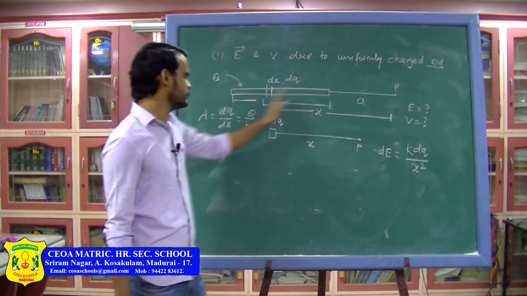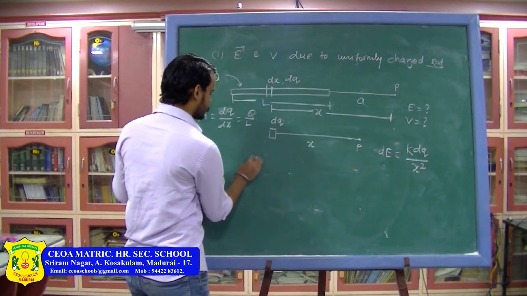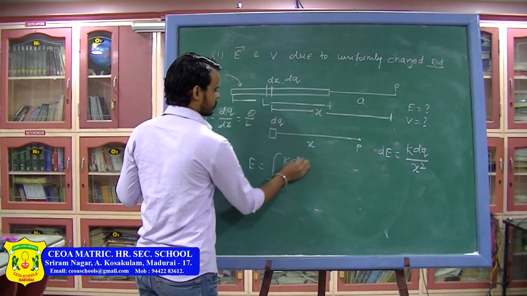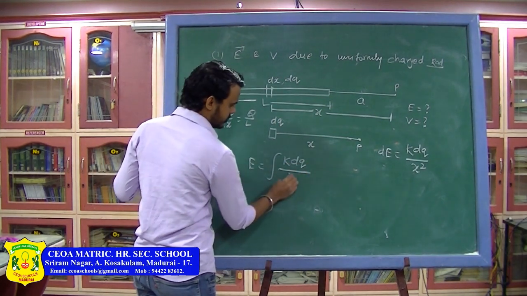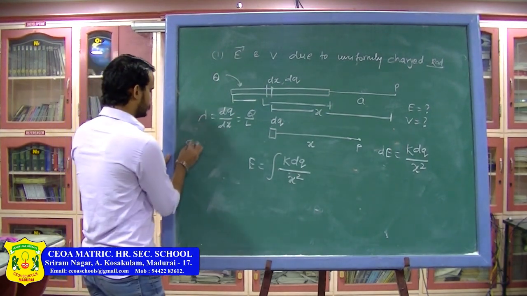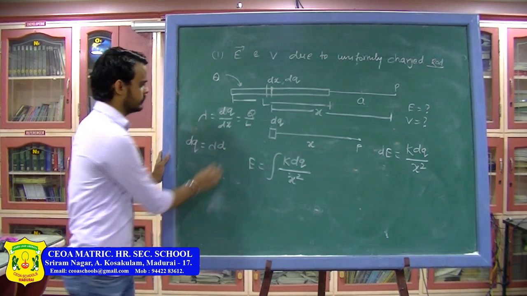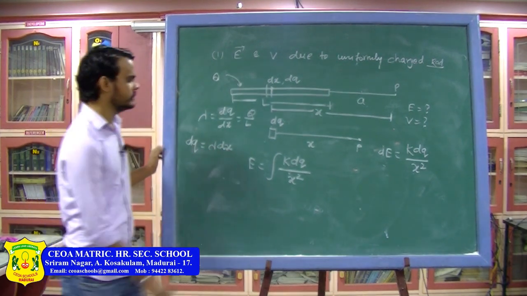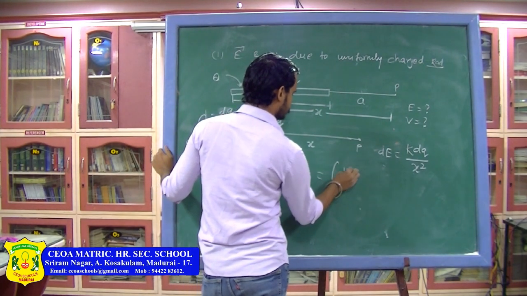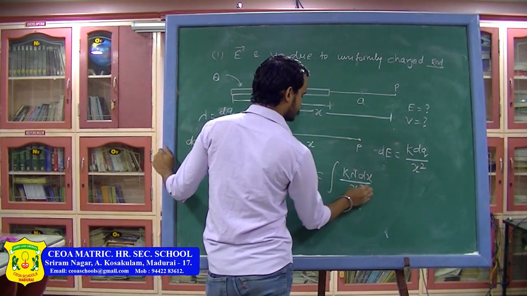If I want to find the total electric field, I just need to integrate this term. So the total electric field will be the integration of k dq by x square. Here dq can be written as lambda into dx, so this becomes the integration of k lambda dx divided by x square.